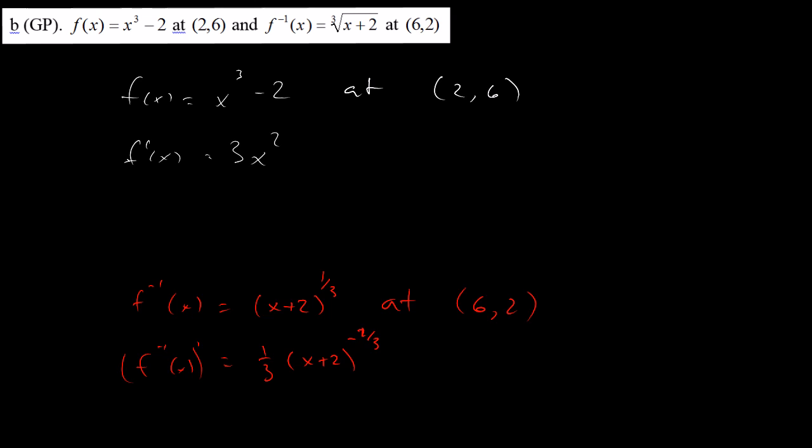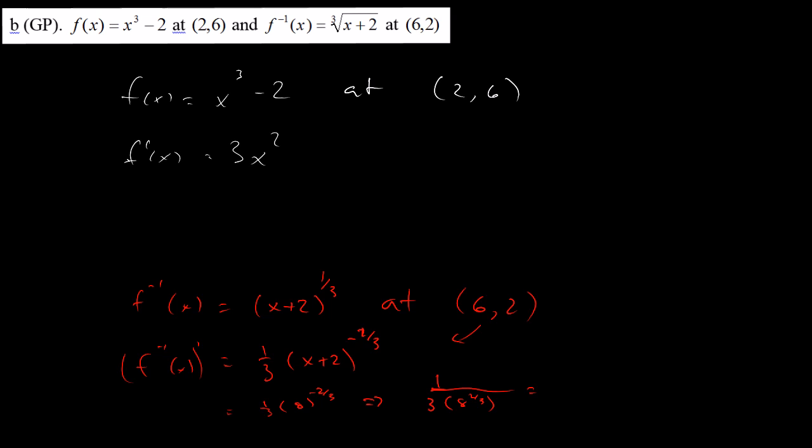And now we're just going to simply plug in our 6 here, and this is going to be 1/3 times 8 to the negative 2/3. And I know this looks like 1/3 times 8 to the 2/3. Oh man, 8 squared, cube rooted.